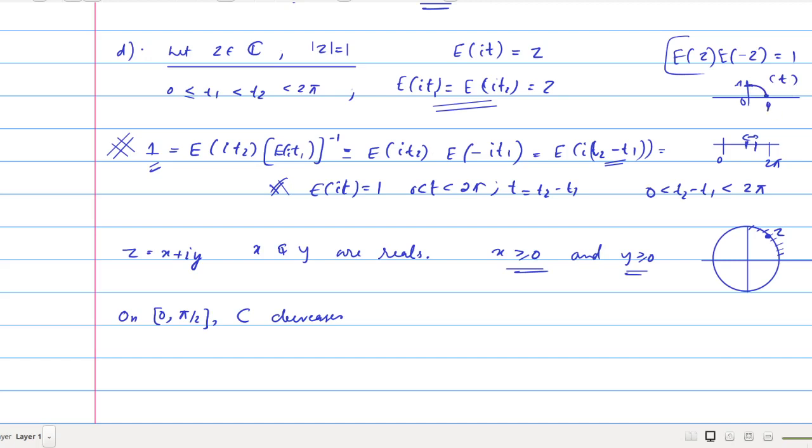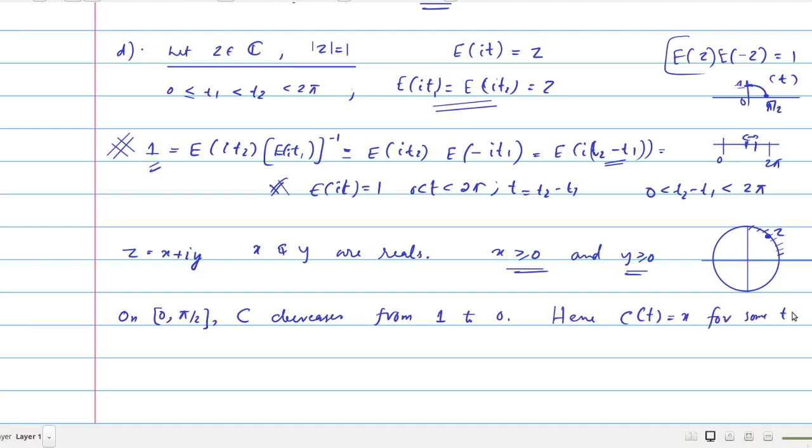At the point pi by 2 we get c of t equal to 0. Now c decreases from 1 to 0, hence c of t equals x for some t.